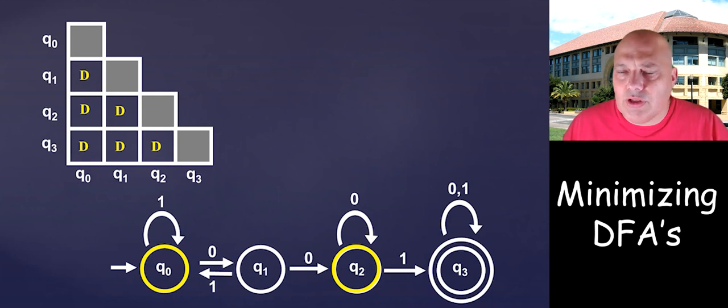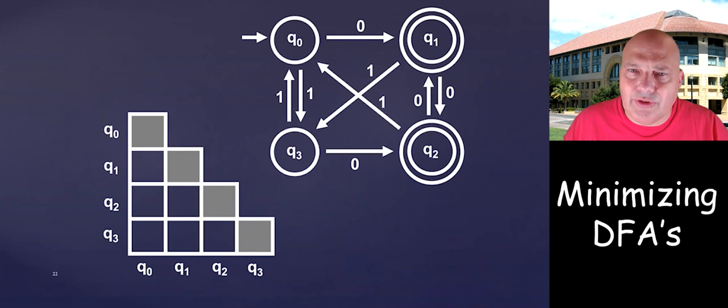So here we saw that every pair is distinguishable, and we can also see that every state is reachable, and we therefore are not going to make any change. So this is, in fact, a minimal DFA. It's a DFA that you cannot reduce. At least our algorithm is not going to reduce it, and we are going to argue that that's good enough.